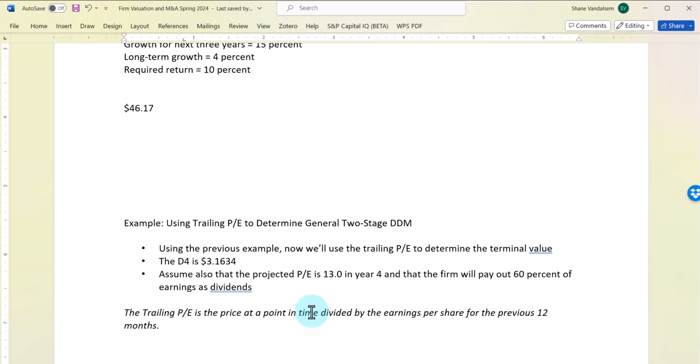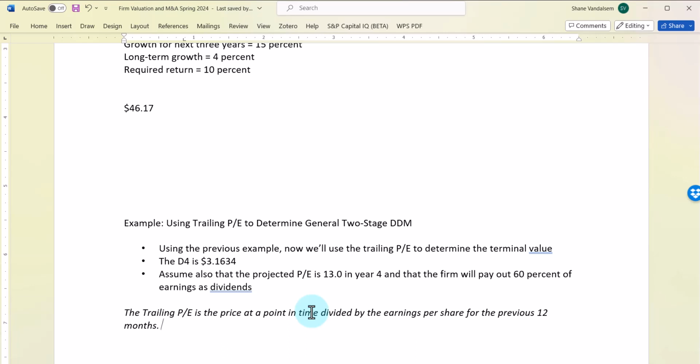And there's different definitions of that. It could be the last 4 quarters. It could be for the previous fiscal year end or fiscal year. For us, we're just using the previous year.